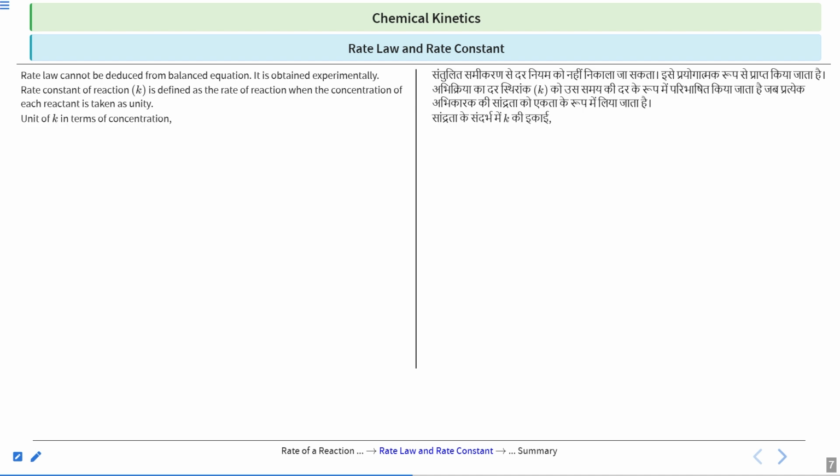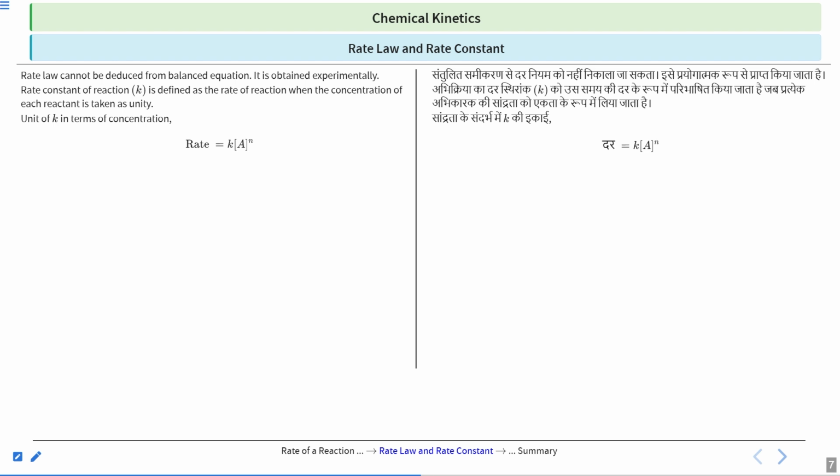Next is, what is the unit of K in this case? For that, let us again see the rate law. In this case, we are taking only one reactant. Suppose there is a general reaction which has only one reactant, which is A. For that case, we can write rate is equal to K multiplied by concentration of reactant A raised to the power n, again some power which may or may not be equal to the stoichiometric coefficient.